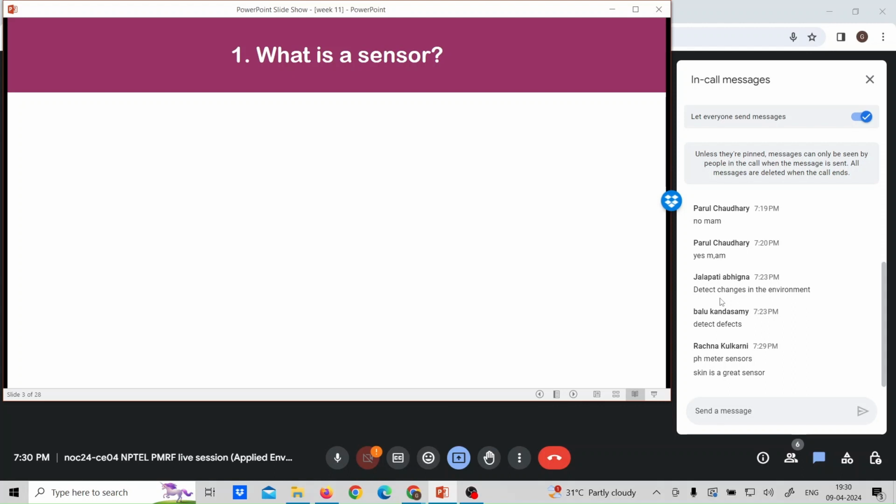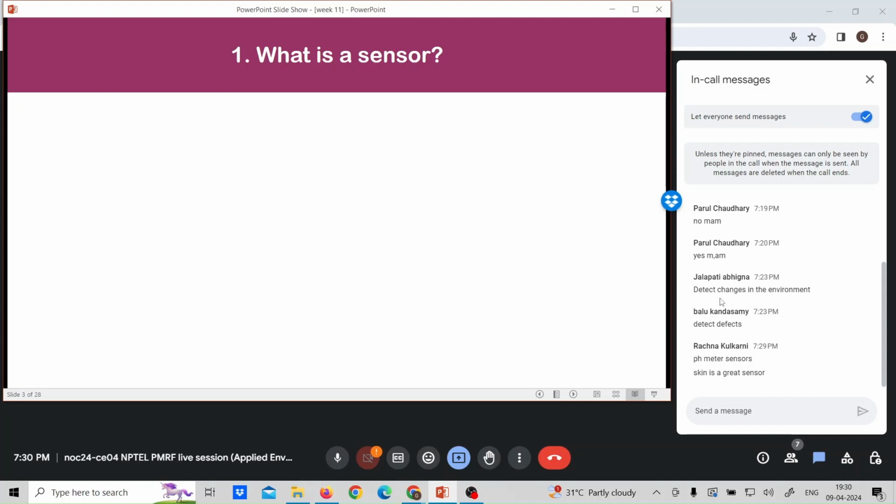So this was what the discussion had to be oriented to. As I told you, a sensor is something that senses changes, right? It senses a difference in the environment. The very basic sensors that all of us know are all the sensory organs that we have. We are able to detect senses, right? We have eyes, we have ears, we have skin, as very rightly mentioned.